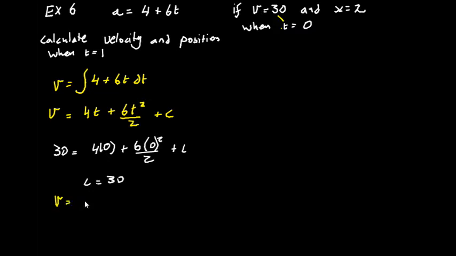And again, just rewriting it, and I might put the t squared at the front. So that's our velocity, and we need to find our displacement as well. So x is going to be the antiderivative of this one.